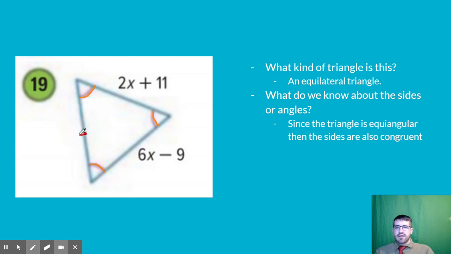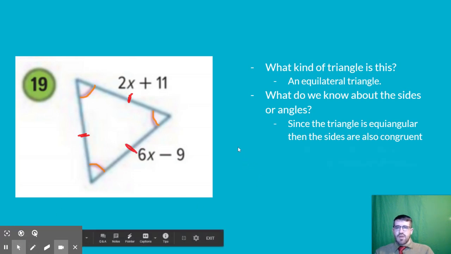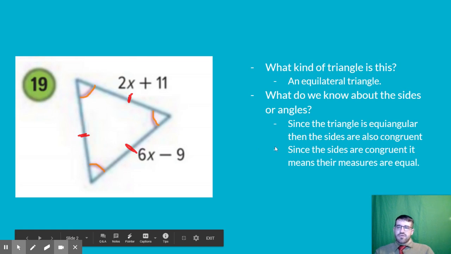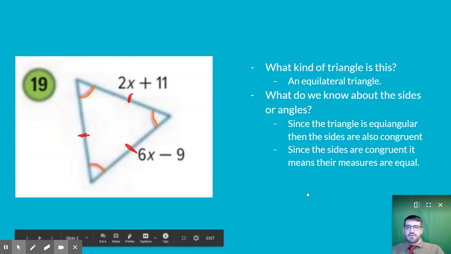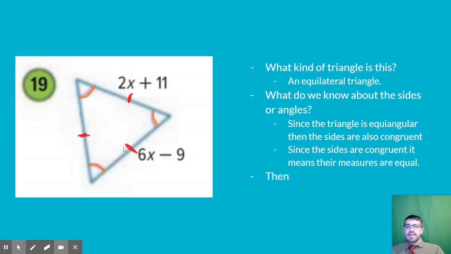And once we get that, you want to mark these with your tick marks. Since the sides are congruent, it means that the measures of these sides are equal. So if you take a minute, try and figure this out yourself.